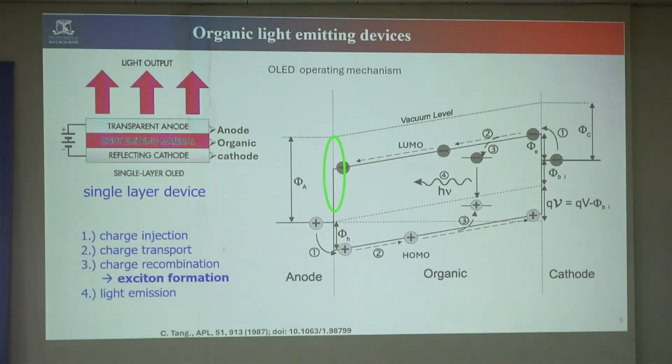Again, you remember what an exciton is? It's a bound pair of positive and negative charges. When the exciton is formed, it eventually recombines and emits light. So this is the basic mechanism: charge injection, transport, recombination and exciton formation, then the exciton emits light.